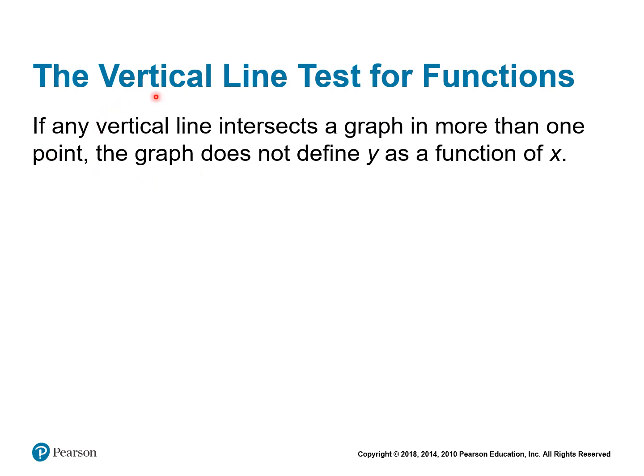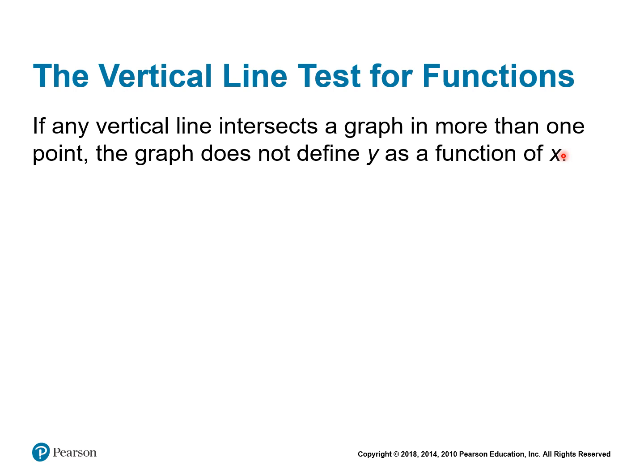The particular test for graphs is called the vertical line test for functions, and pretty soon you'll realize why. It says here, if any vertical line intersects a graph in more than one point, the graph does not define y as a function of x.